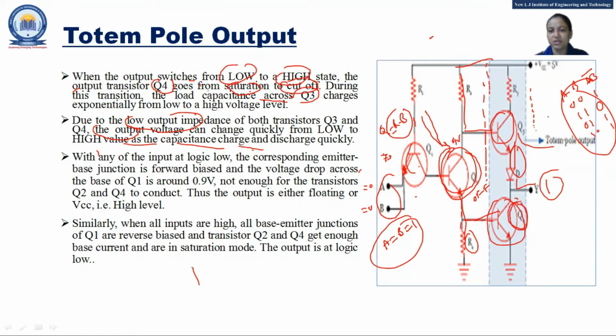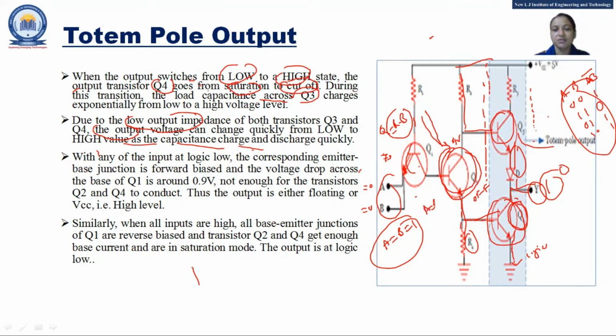It will enter into the saturation region, and since it is connected to the ground, the logic is 0. Whatever logic is there is supplied as our output. So here we will get output equal to 0.